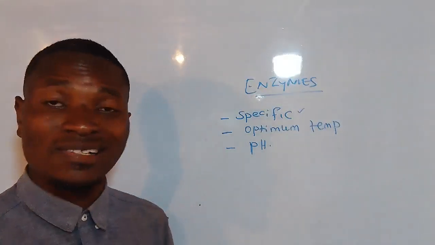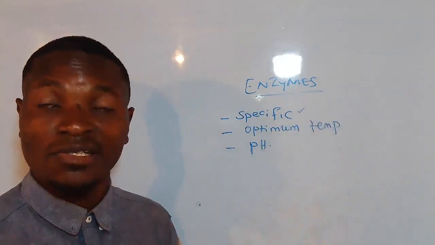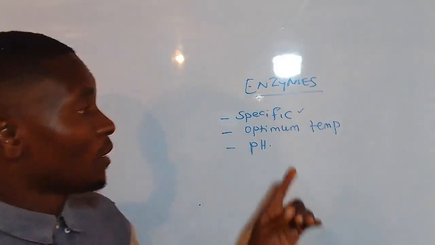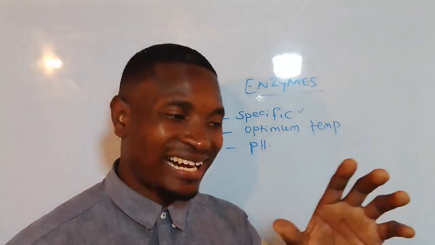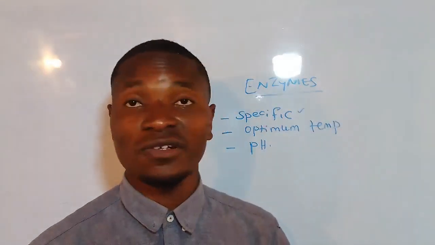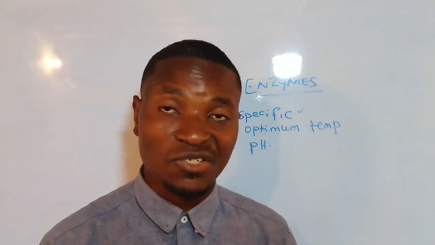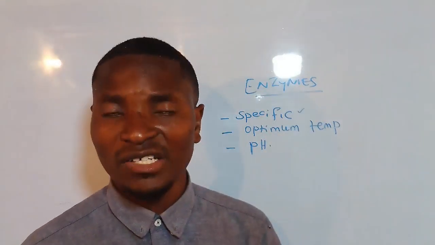If you look at some of these factors, some of the characteristics of enzymes: specific. So an enzyme is specific. An enzyme that normally catalyzes a reaction, for example the digestion of starch, cannot go and catalyze a chemical reaction that happens in the stomach.